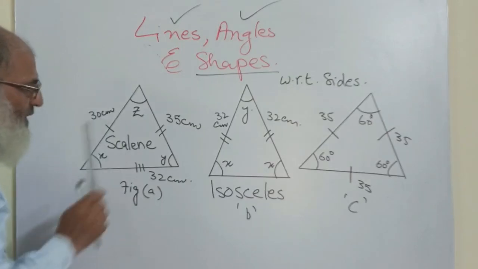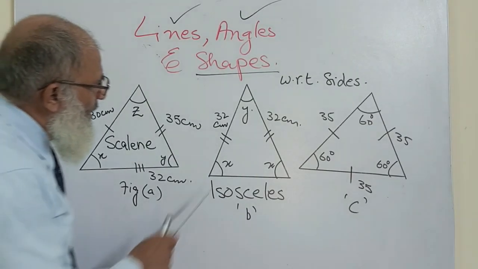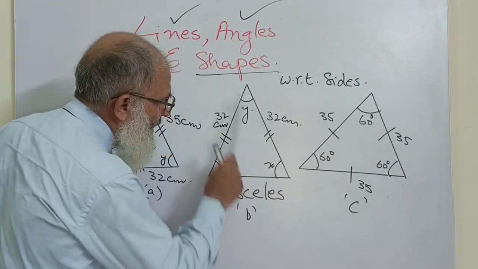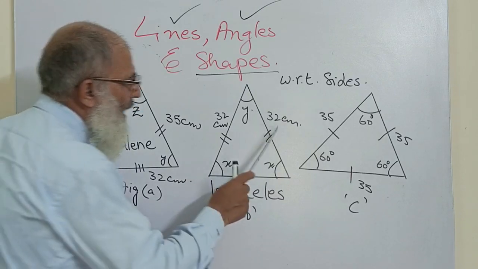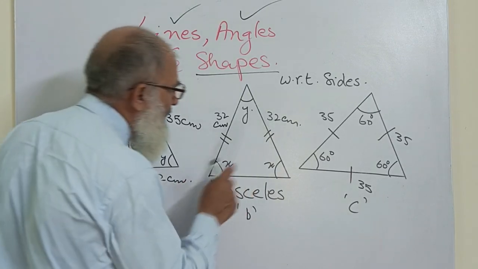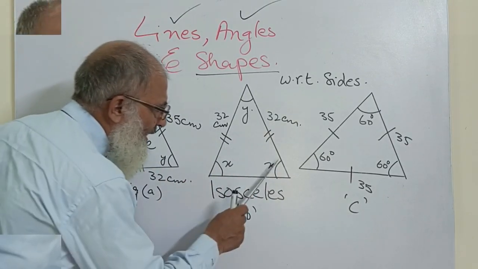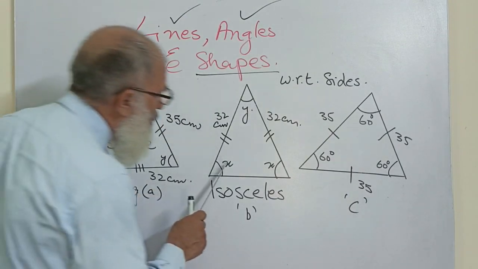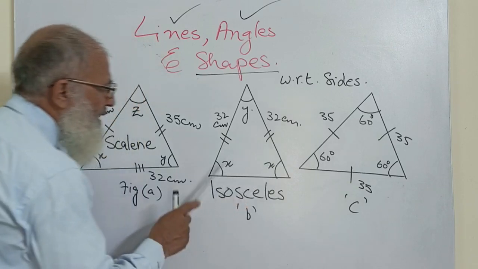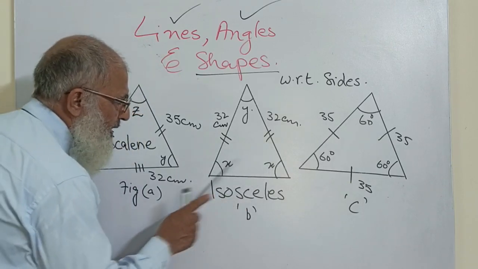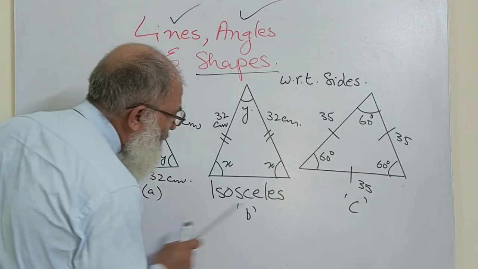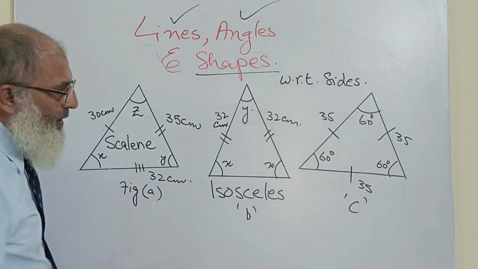So it is said to be a scalene triangle. In fig B, you can see that two sides of this triangle are equal, and the base angles are also equal. It is x, it is x. It is said to be an isosceles triangle.